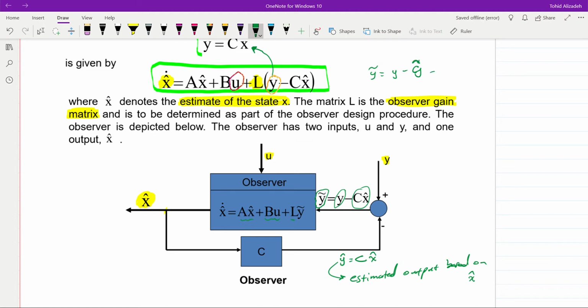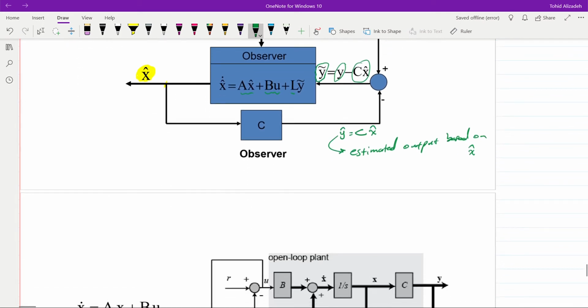And eventually we can write it in the form of C times (x minus x hat). So our aim here is to design L, the observer gain matrix, in order to make the difference between x and x hat small enough.